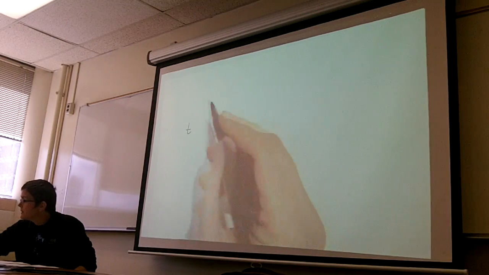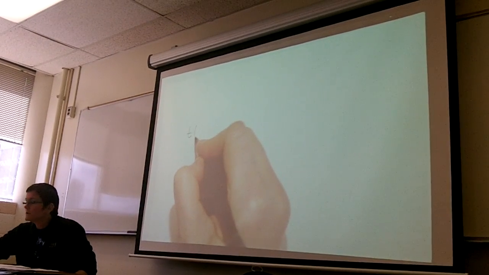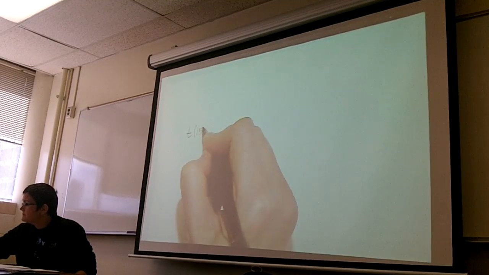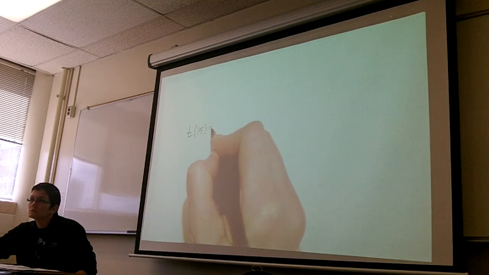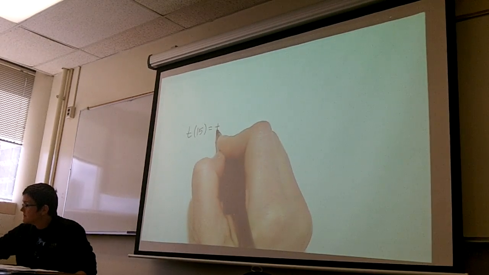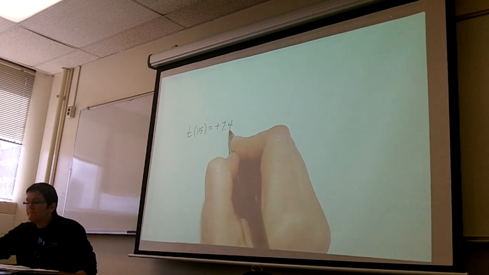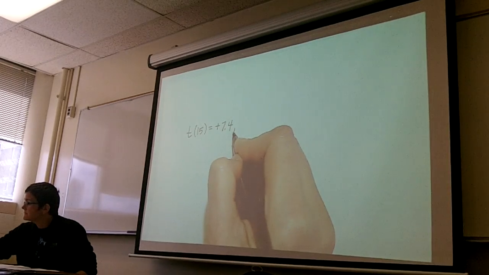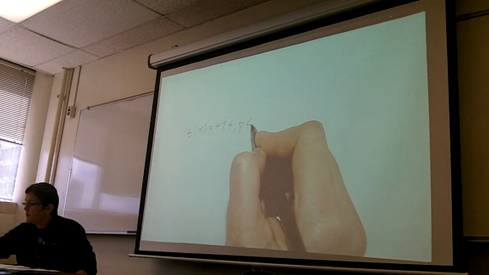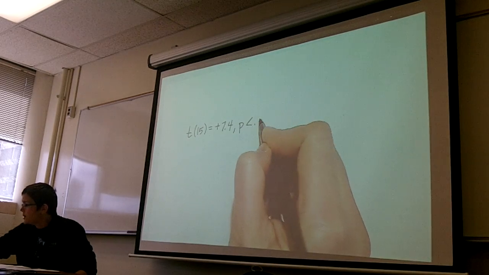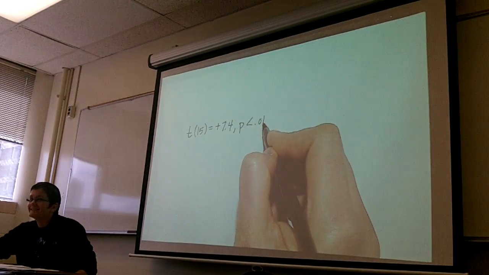Then what? Parentheses. 15, okay? Close parentheses. Equals positive 7.4, okay? Comma. P less than 0.01. Just kidding.